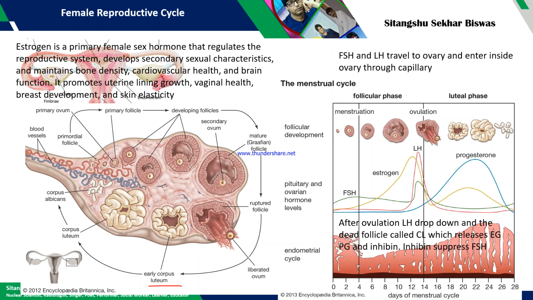Till the start of the luteal phase, that concentration was very low, and once ovulation is over, that blue line, which is the concentration of progesterone, starts to increase.